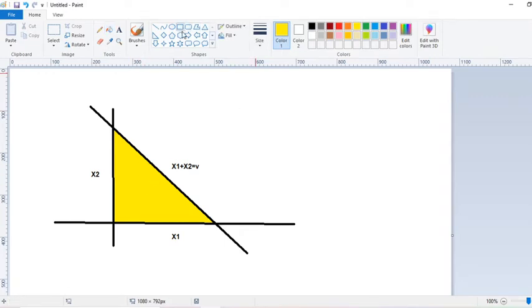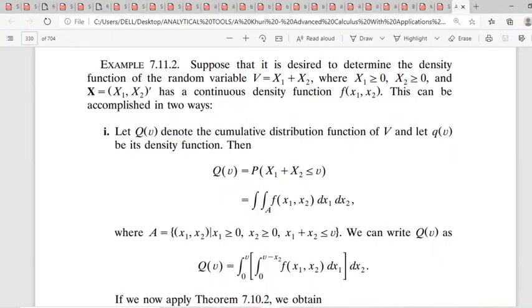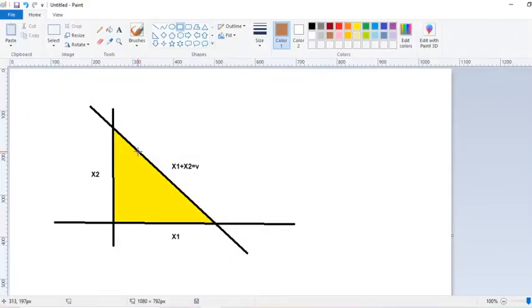So how can we find the area under the curve in this region? Let us consider a lamina. Here it is a lamina.